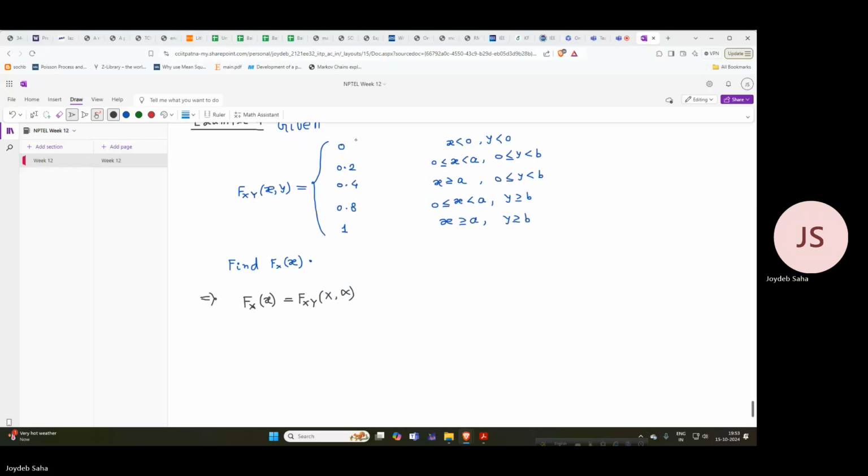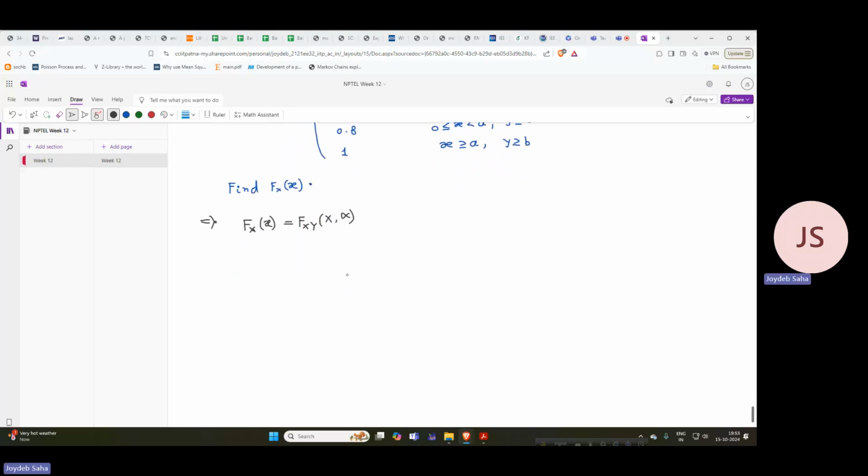Okay. So we can write it. So we have three cases. First case is 0 for x less than 0.